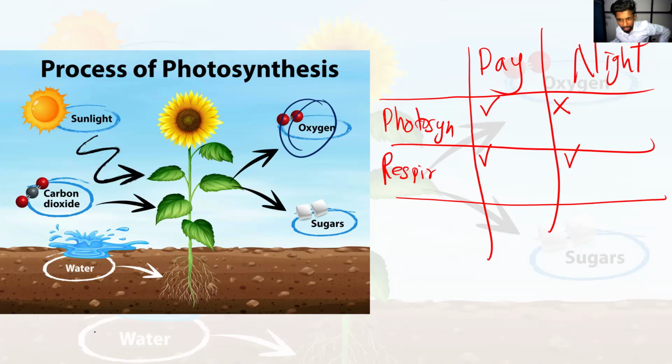So now we'll put photosynthesis. During photosynthesis, oxygen will be produced because we have photosynthesis during the daytime, no? So during the daytime, it will produce oxygen. And during the night time, we don't have photosynthesis, so we don't have the oxygen during the night time.